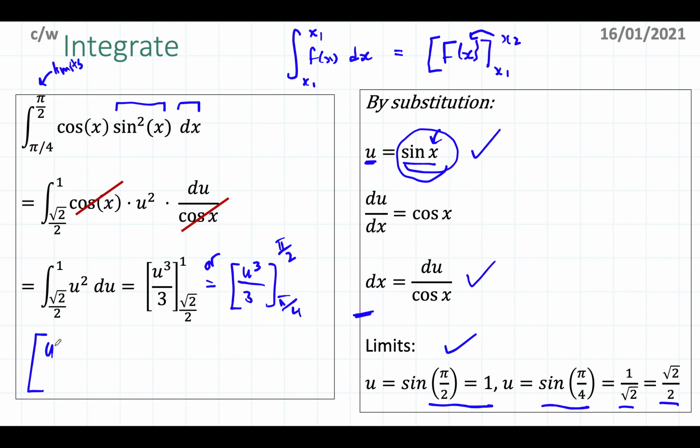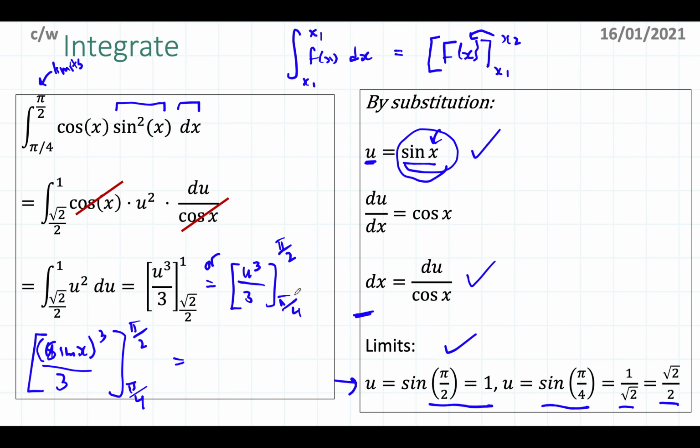So you have u cubed, so you're going to write sine x cubed over 3. And this is from pi over 2 to pi over 4, and you're going to evaluate that again. So basically, you're back to this step. You're going to evaluate it, divide by 3, and so on, minus whatever you'll have to do. You're going to get the same answer.